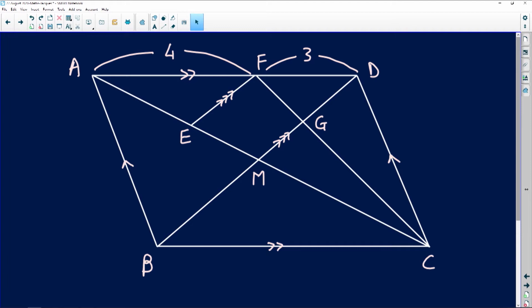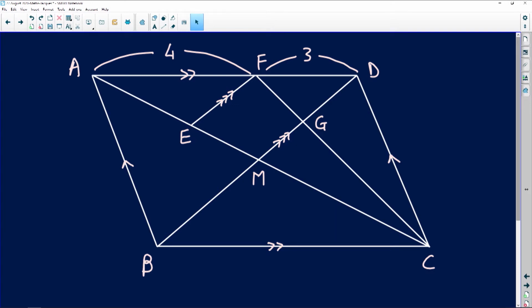Just bear in mind that the opposite sides are also equal to each other, and that the diagonals of this parallelogram, because it is a parallelogram, will bisect one another at the point M. Then they said that we have a line segment EF that is drawn parallel to BD, with E on AC and F on AD.